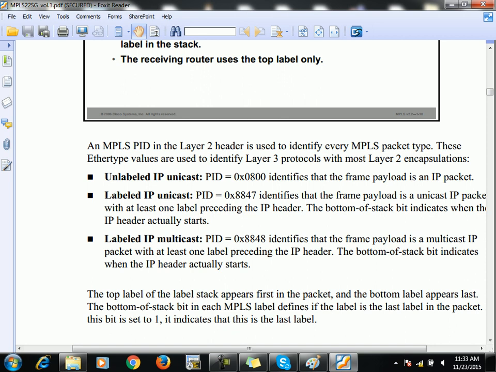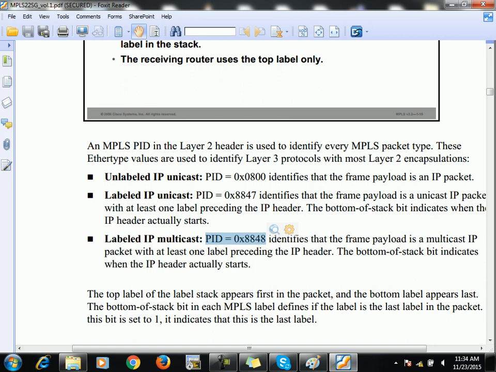If it is an unlabeled IP packet, which means you are not using MPLS and there is no label, then the type field will have 0x800. It is the older one that you learned during CCNA and CCNP as well, right? If you have MPLS running in your network, then that Ethernet header will have 0x8847 in its type field for a unicast packet. But if it is a multicast packet, then it will have 0x8848. This is for MPLS. So for a unicast packet it will be different, for a multicast packet it will be different.